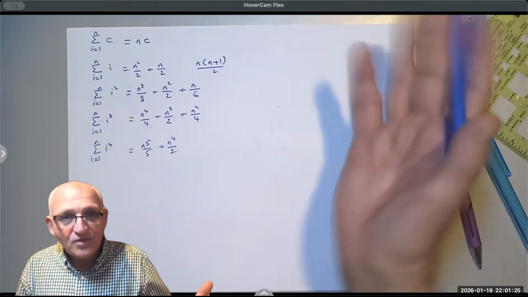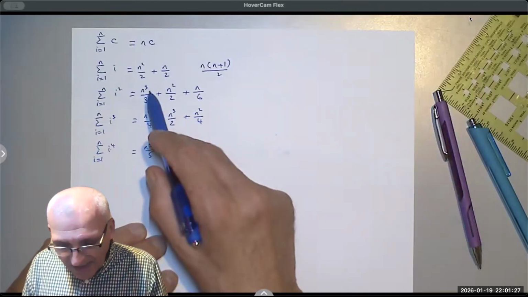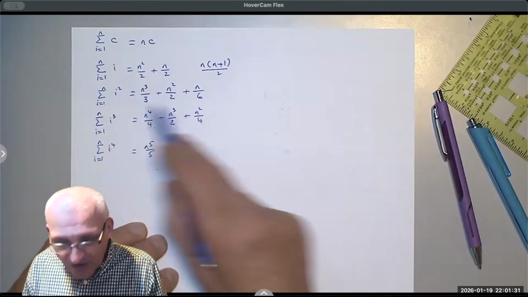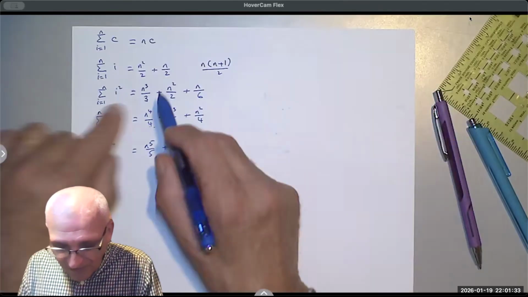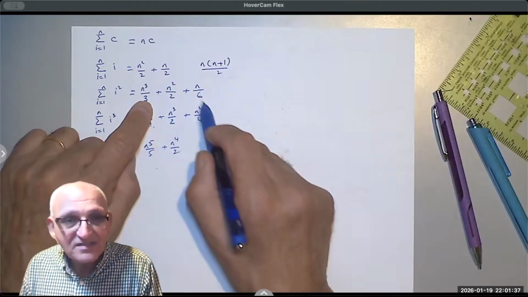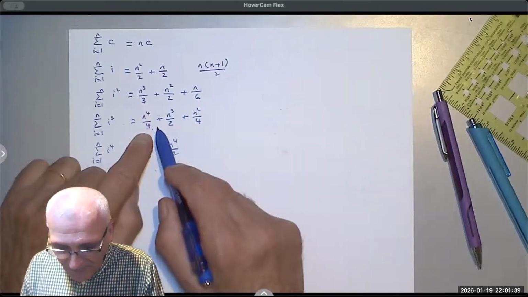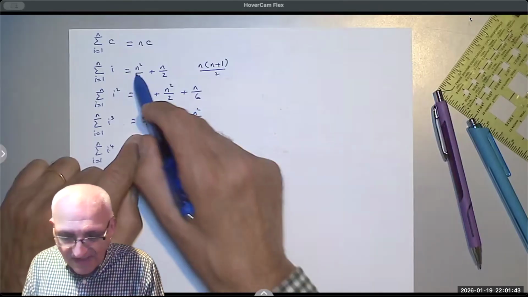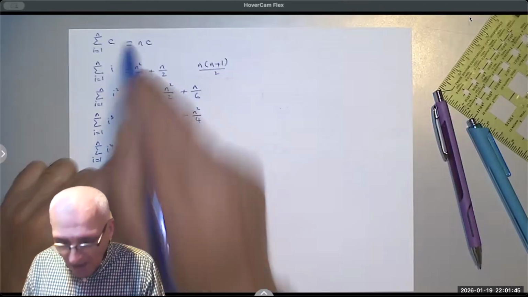So the answer would be 1. Meaning I took one term, so the sum has to be 1. 1/3 and 1/2 is 5/6. So what makes it 1? Another 1/6. Here, a quarter and a quarter is a half, and a half is 1. A half and a half is 1.